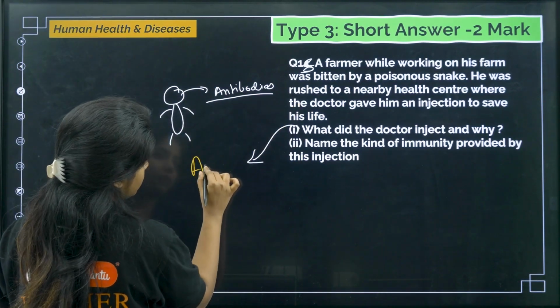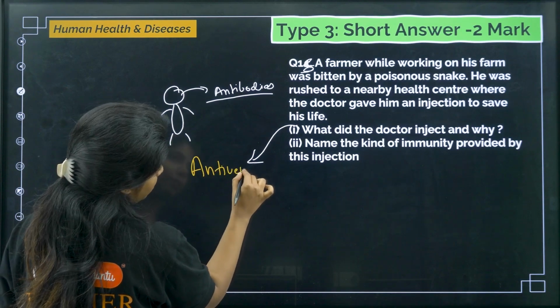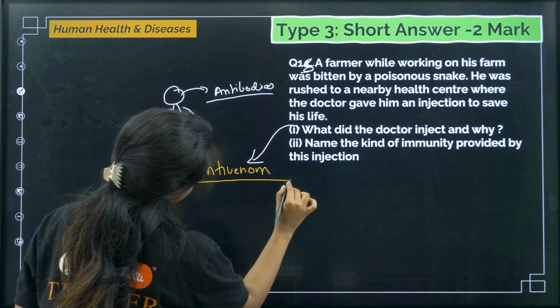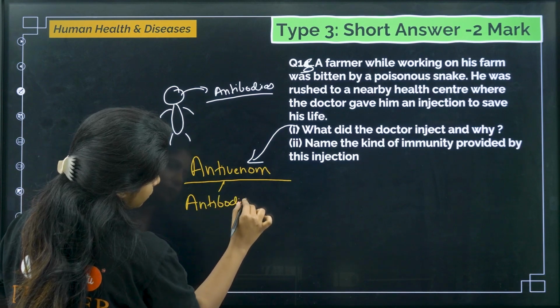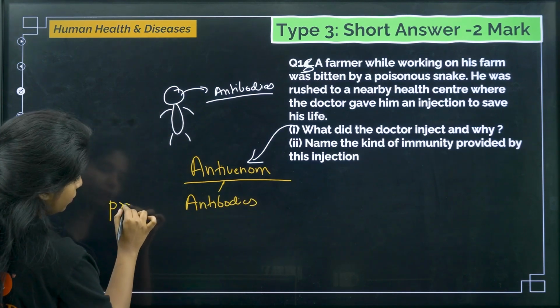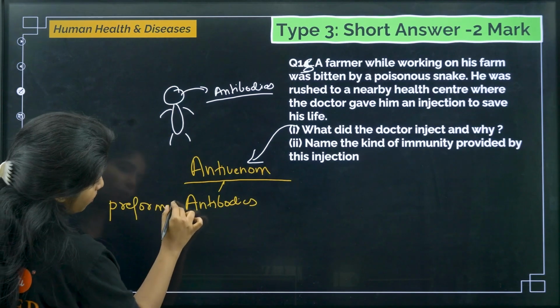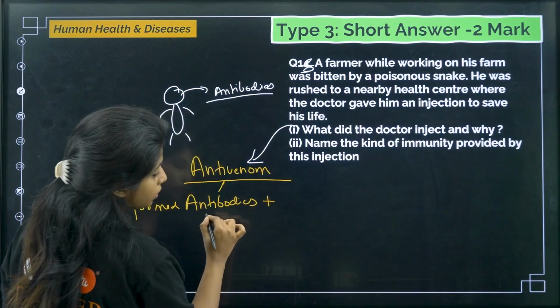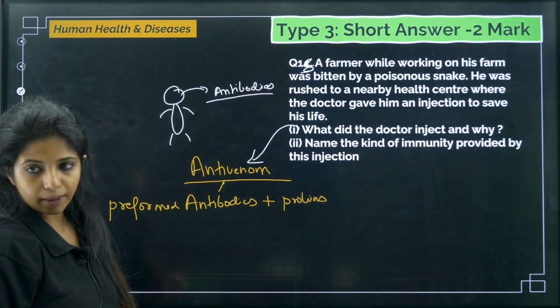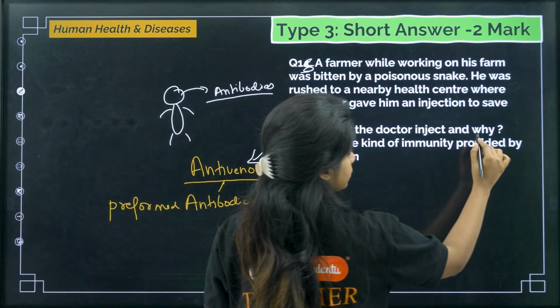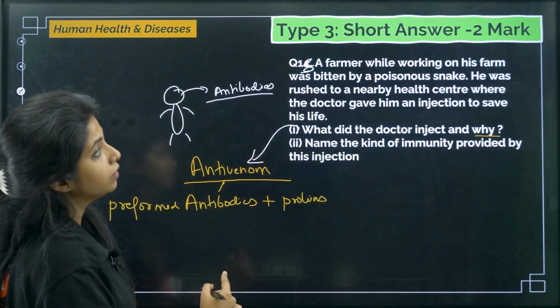So he will be injecting anti-venom. And anti-venom is made up of preformed antibodies. It is already formed, okay? Preformed antibodies and what, children? And certain other proteins. And why is it given? The second part is, why is it given?